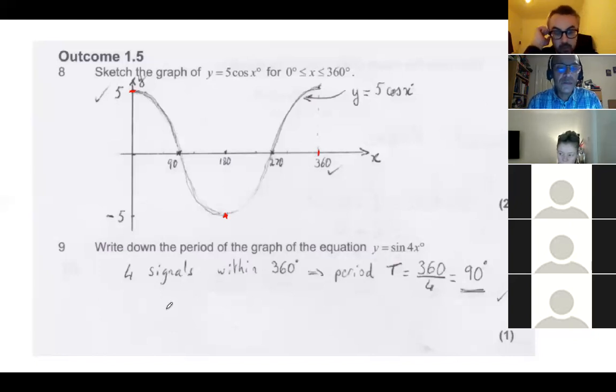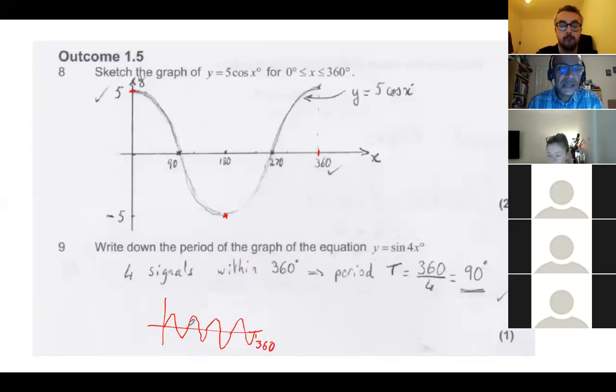So if you've got 4 signals within 360, let's say we've got 4 signals, 1, 2, 3, and 4. So this is 360. We said we've got 4 signals. My period is this. It repeats itself here.